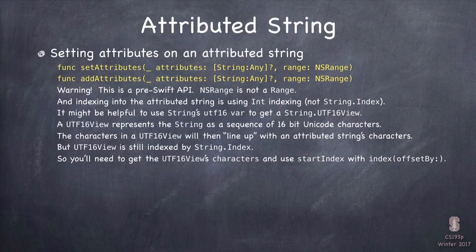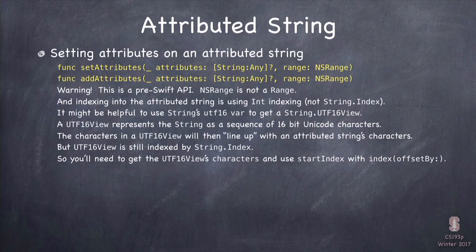And really important to notice here is the range. You see that range? It's not the Range that I taught you on Wednesday, it's NSRange. Okay? NSRange is an integer indexed range into that attributed string. Old style integer, not String.Index. So this makes for a lot of trouble when you're using attributed string in the Swift world.